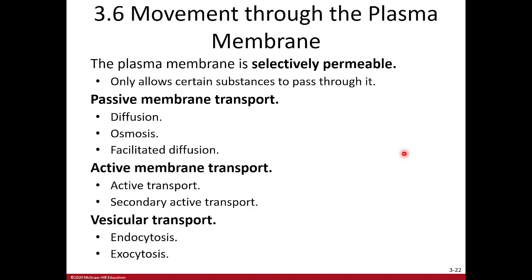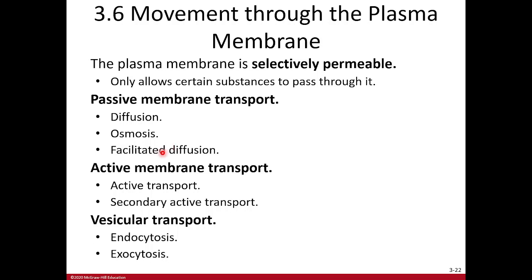And the substances that can pass through the plasma membrane can be moved by different transport mechanisms, either by passive transport, in which you don't spend any energy or any ATP, and this passive transport can be subdivided into diffusion, osmosis, or facilitated diffusion.